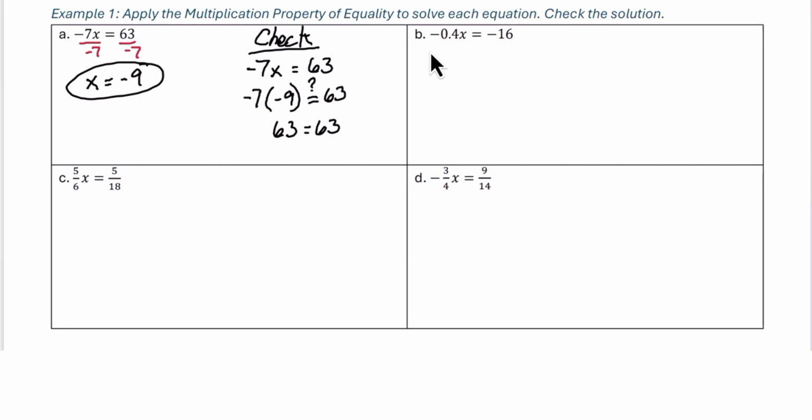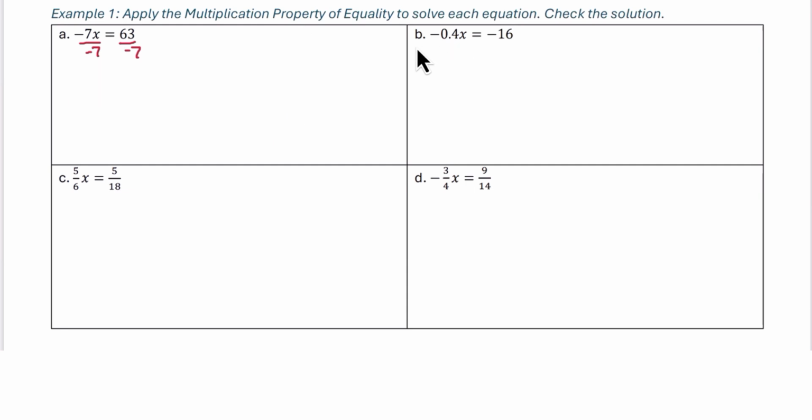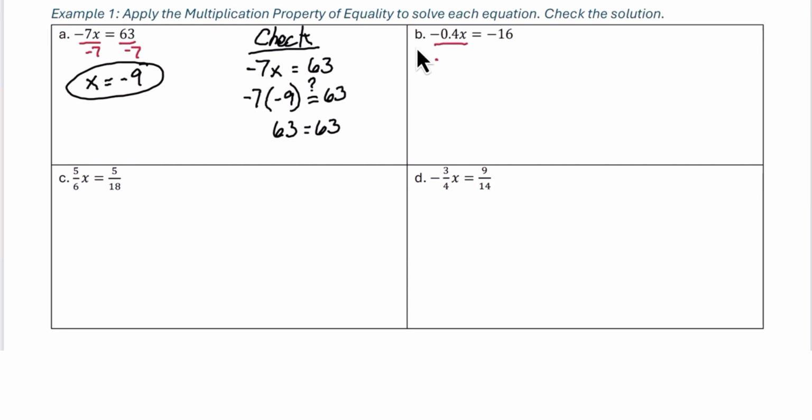In the next equation, we have negative 4/10 x equals negative 16. Again, the operation between the coefficient negative 4/10 and x is multiplication. To undo that, we will divide by negative 4/10. And again, we need to do that on the other side as well. Here we get x equals 40. We can now check.